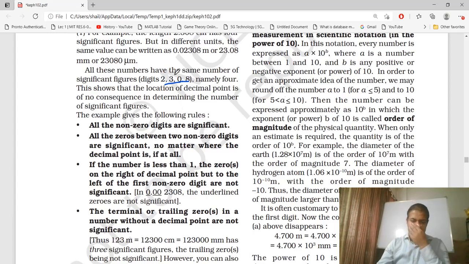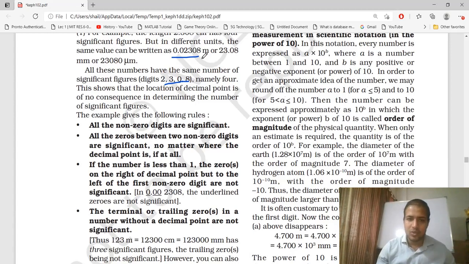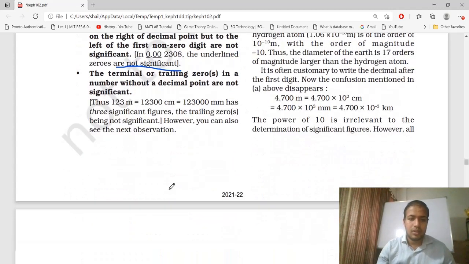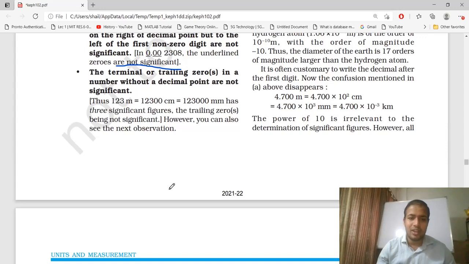So in the example 0.02308, it is less than 1. Whatever unit we use, it is less than 1. So before the 2 and after the decimal, however many zeros fall, they will not be significant. In 0.0230, the underlined zeros are not significant. The terminal or trailing zeros in a number without a decimal point are not significant.